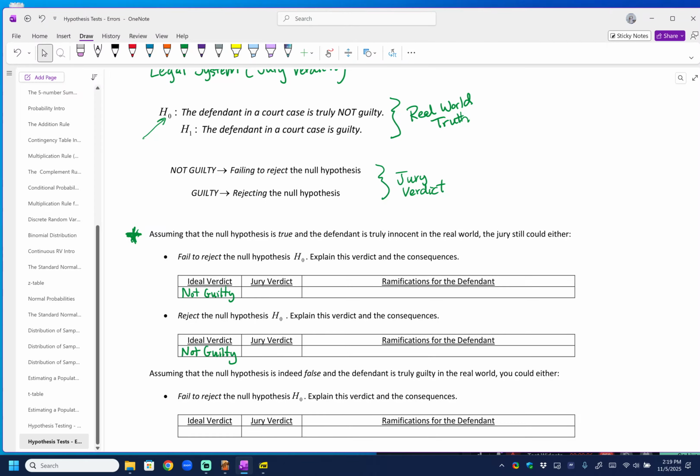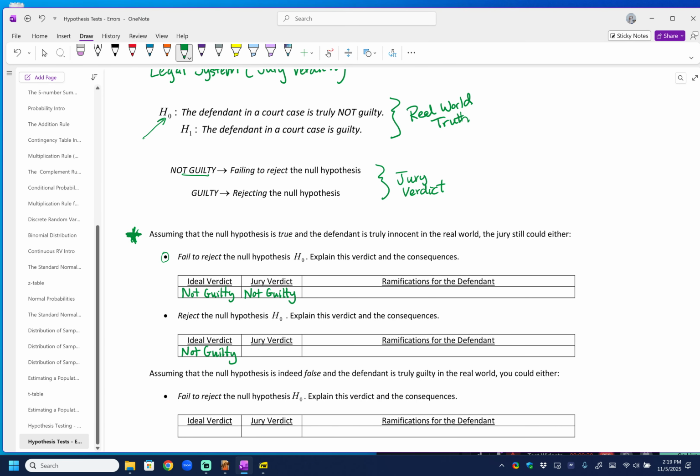Our first decision is to fail to reject the null hypothesis. Now, we have already defined failing to reject the null as not guilty. So the verdict is not guilty. If you look at our scenario here, we have an innocent person where the ideal verdict is not guilty.